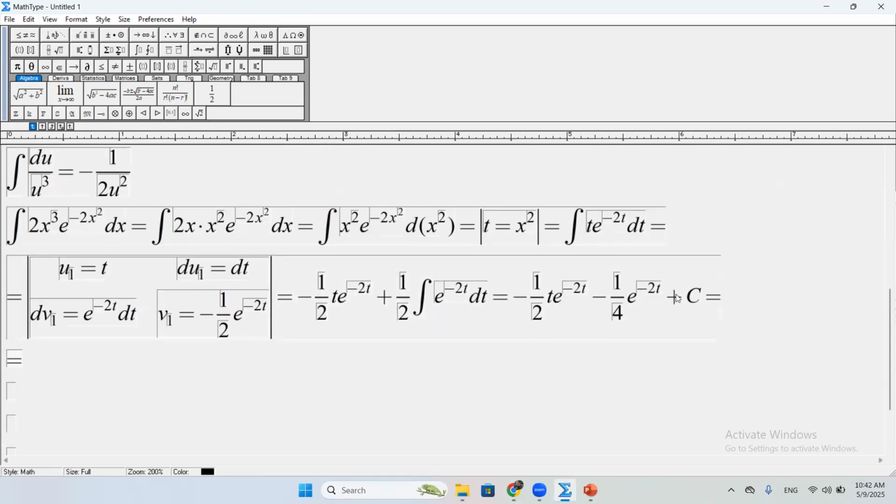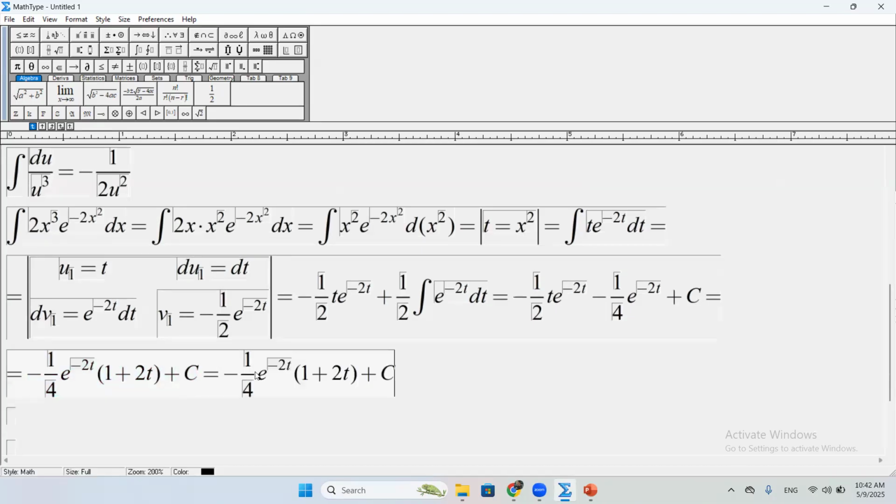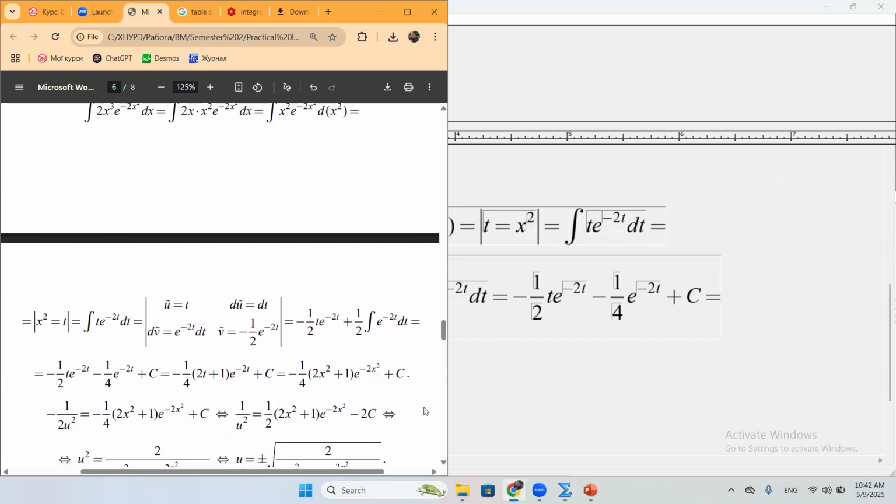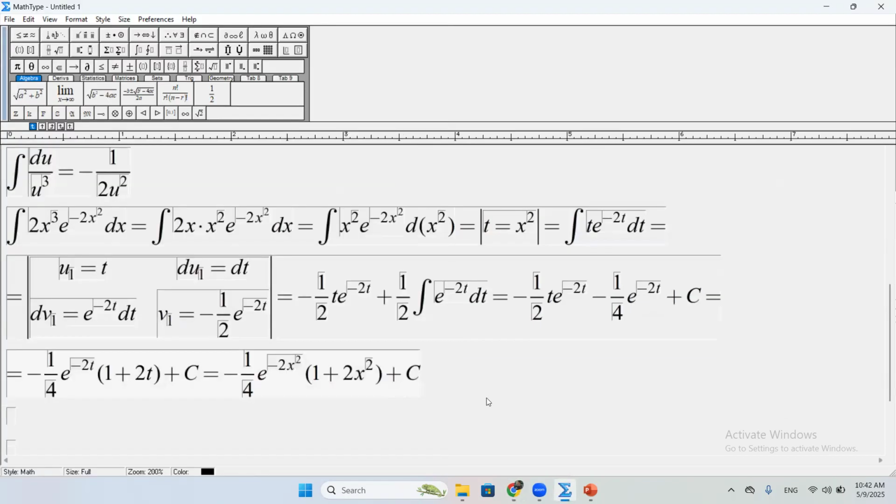Let's also move minus 1 over 4 e to the power of minus 2t out of brackets. So I will receive 1 plus 2t plus c, and returning to the old variables, here will be e to the power of 2x squared, and here 2x squared. Yes, correct.